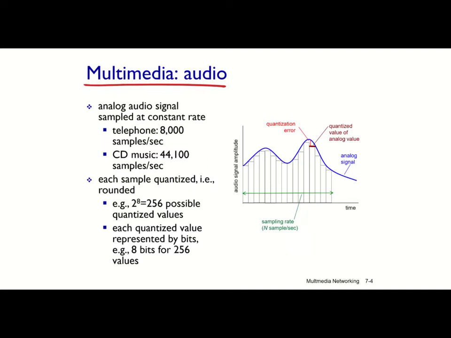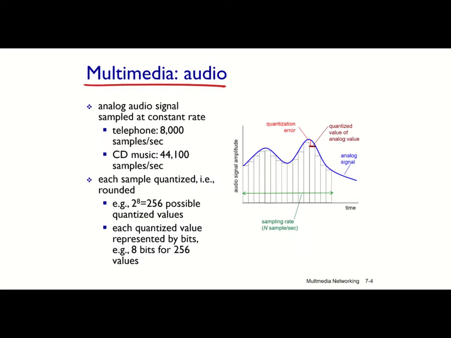We have to divide time into equal size time intervals, and for each time interval we have to find the audio signal amplitude. For example, in this time period the actual analog signal looks like this, the blue curve, but we have to do sampling.